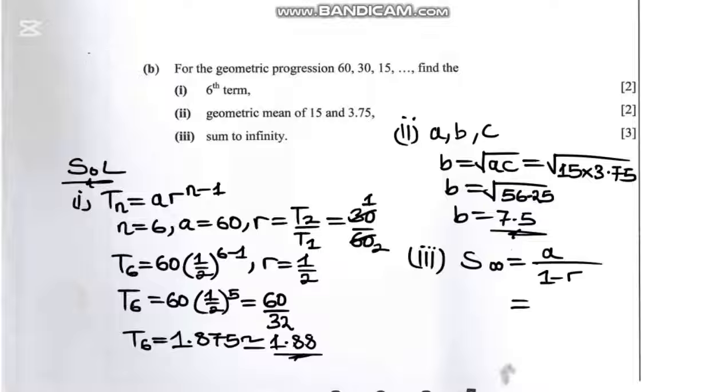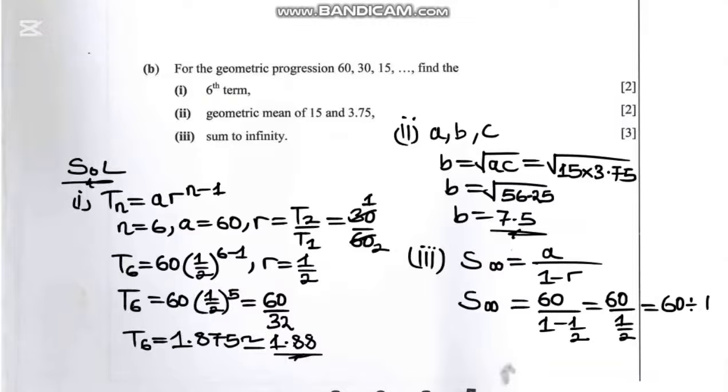Here a is 60, the first term. So the sum to infinity will equal 60 divided by 1 minus 1 over 2. For the denominator, 1 minus a half gives us a half. So we are going to have 60 over a half, or 1 over 2.